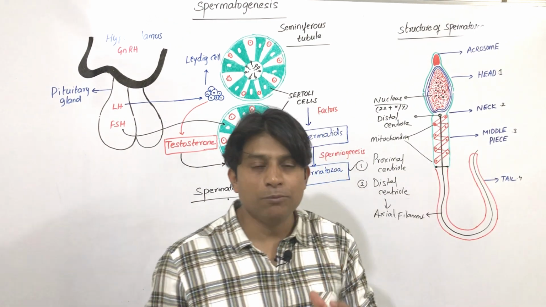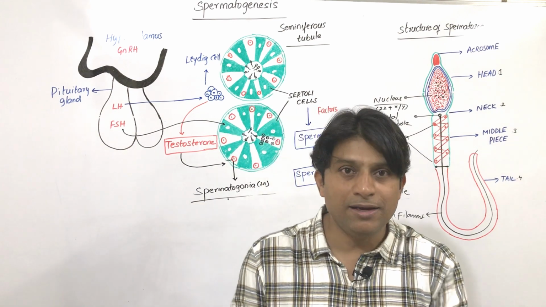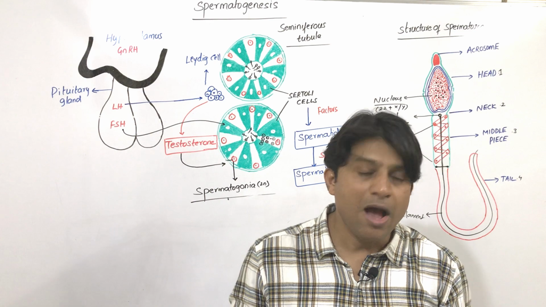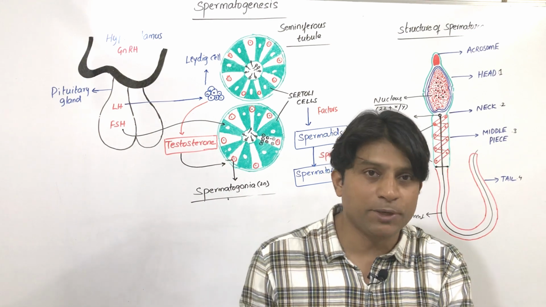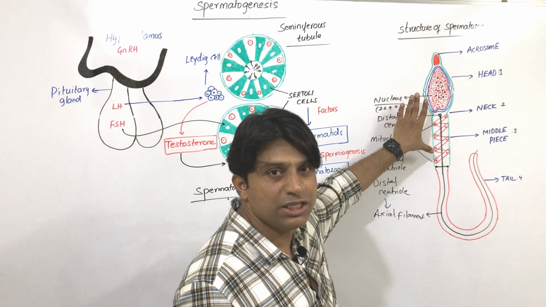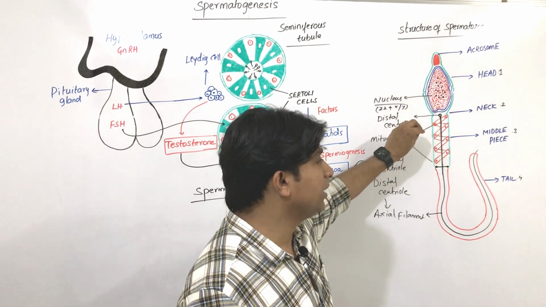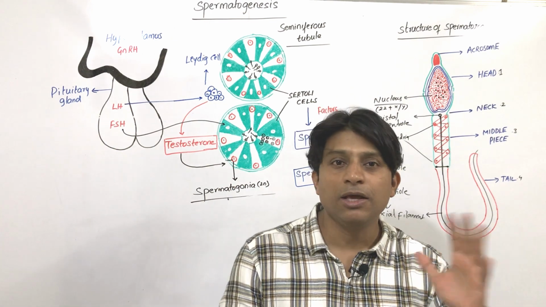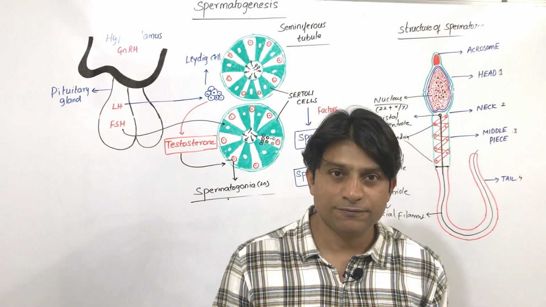In human ejaculation, a healthy male ejaculates 200 to 300 million sperms. Out of these, at least 60% sperm should have good structure and shape to fertilize the ovum, and also 40% sperms should have motility to reach the ovum or secondary oocyte.